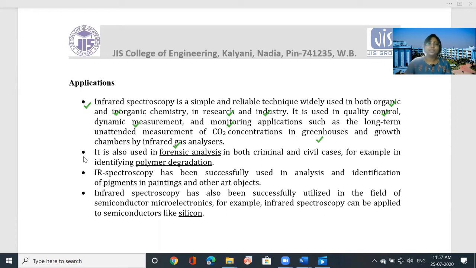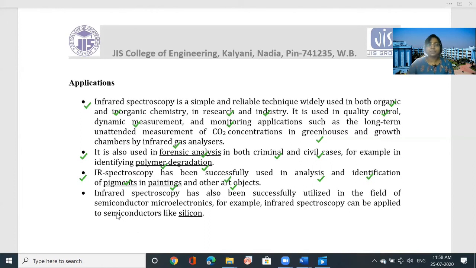Number two, it is also used in forensic analysis in both criminal and civil cases, for example, identifying polymer degradation. Number three, IR spectroscopy has been successfully used in analysis and identification of pigments in paintings and other earthen objects.